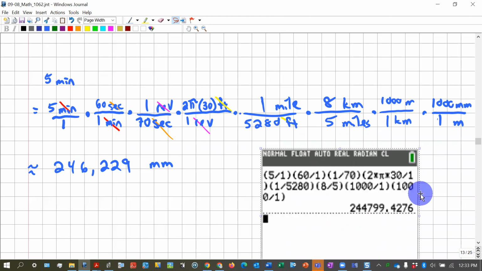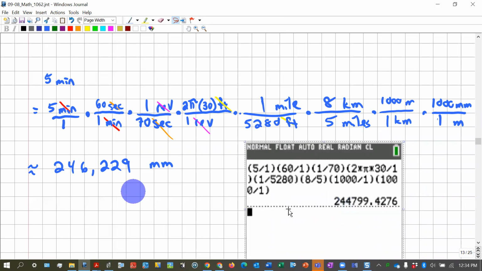So to the nearest whole number, we have the same answer, which, by the way, also, instead of using commas these days, we're supposed to use spaces. Oh, no, it's a slightly different answer, isn't it? I'm getting 244,799. Not confusing?